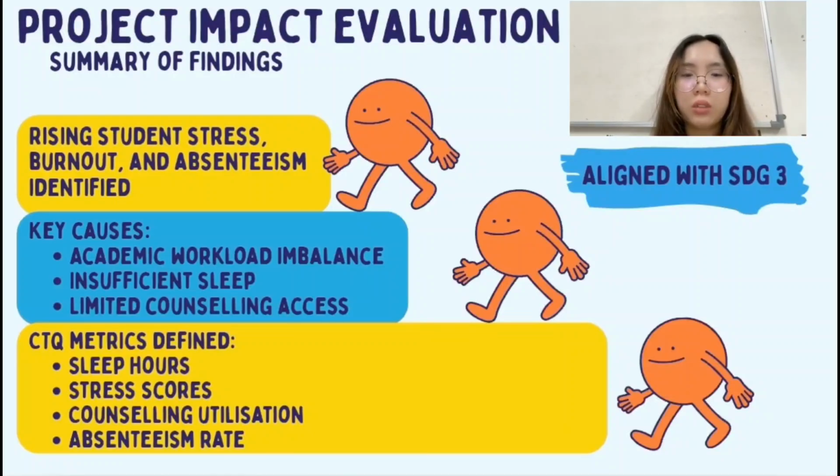Using CTQs, student well-being was translated into measurable indicators such as sleep hours, stress score, counseling utilization, and absenteeism rate. These findings show that student mental health is a systemic issue that requires a data-driven Six Sigma approach aligned with SDG3.